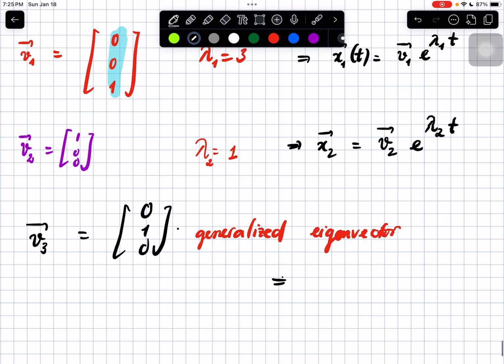The last one, x3(t), of course, is (V2 t plus V3) e^(lambda 2 t).